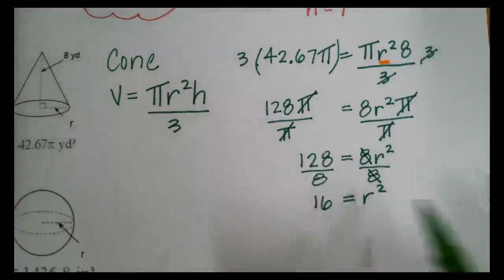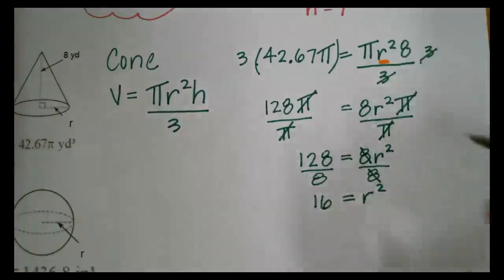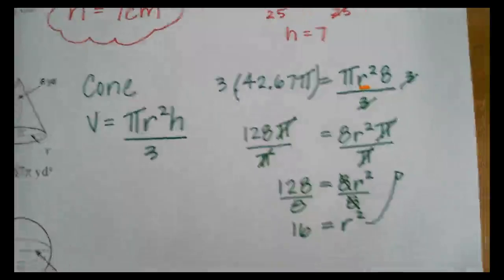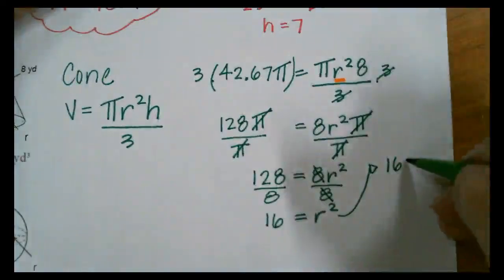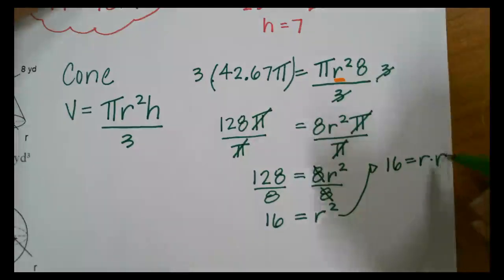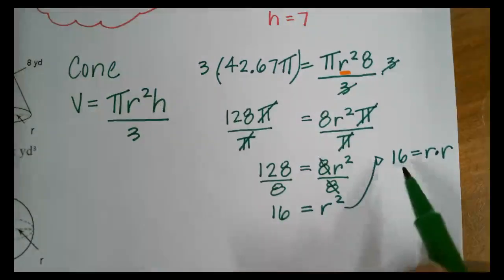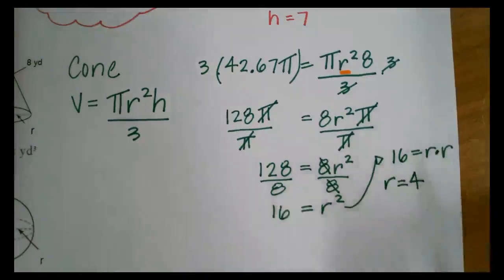All right, so that's what r squared is, which means that, just to think about this another way, 16 is r times r. So what number multiplied by itself is 16? The answer would be 4.